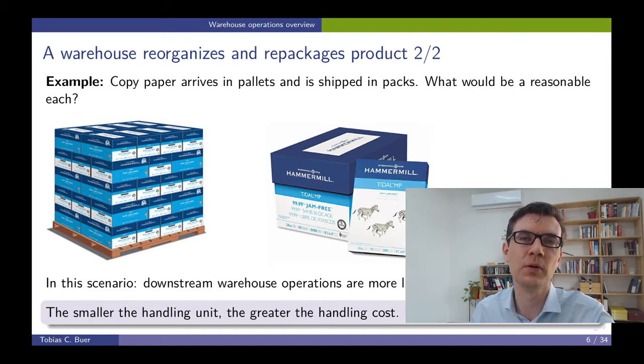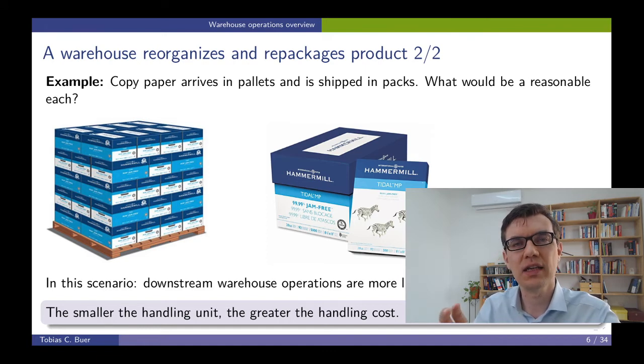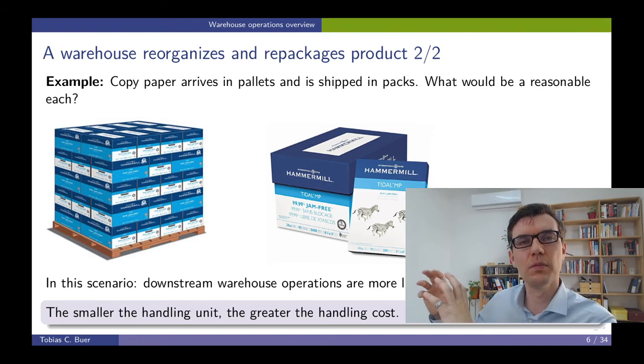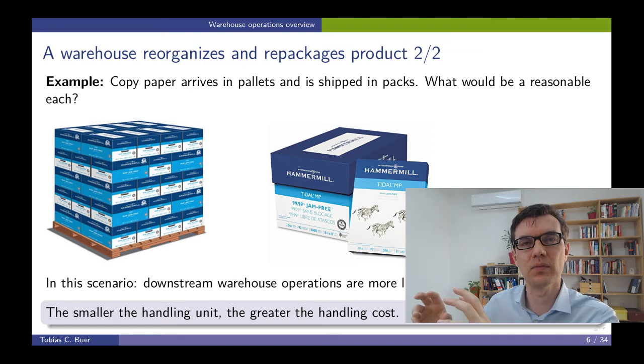This is by law. And in that case, we are looking at return or recycling processes. In such a case, a small unit of product arrives at the warehouse and has to be handled.